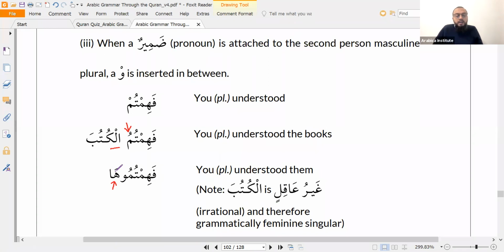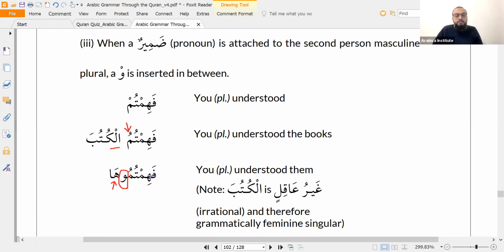Does it sound a bit cut off near the end? It doesn't flow. Because Arabs don't like that jarring sound near the end of the word, to lubricate it, to make it smooth, we introduce this wow on this second person masculine plural verb, which ends in tum. Fahimtumuhu. Okay, so if qara'tum means you read, how would I say you read it?